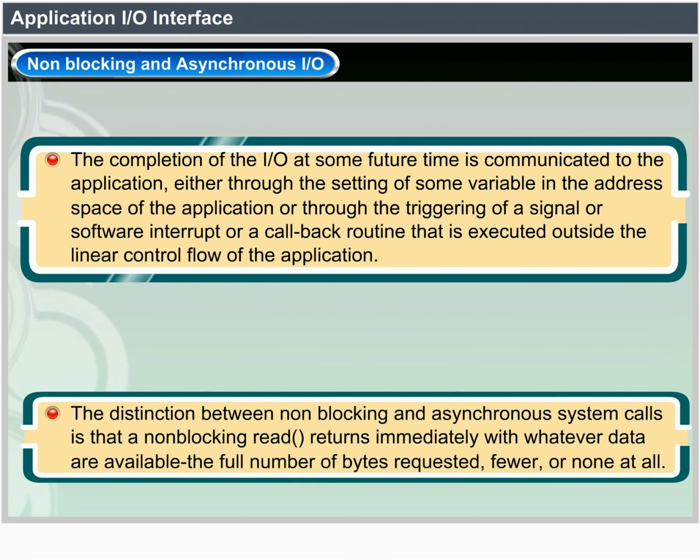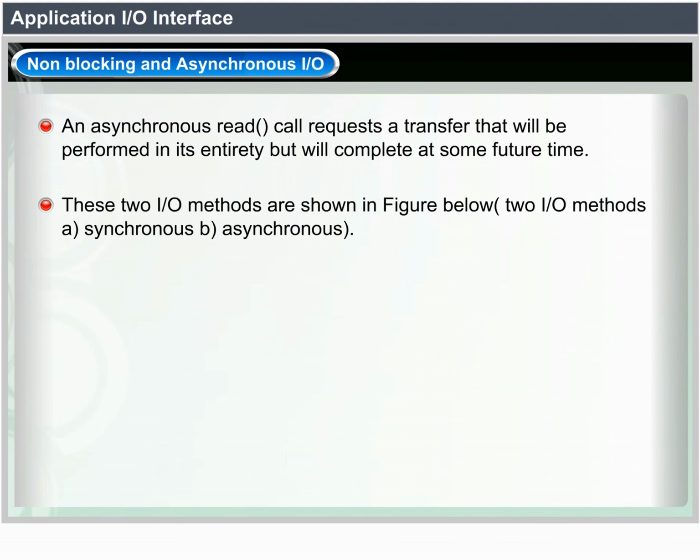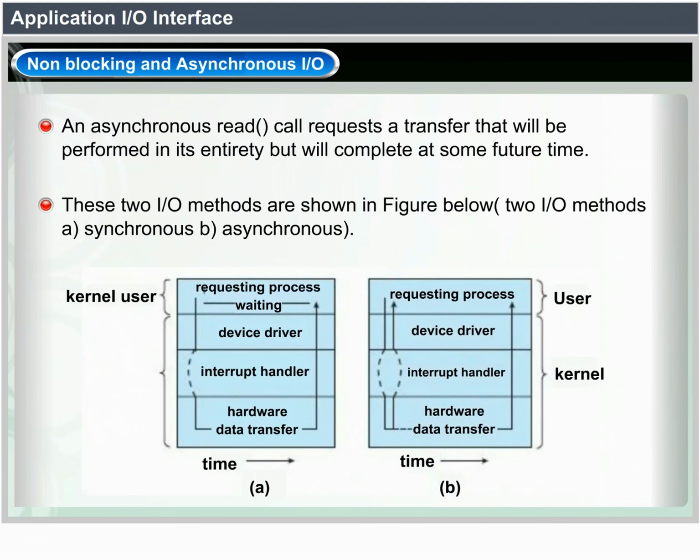The difference between non-blocking and asynchronous system calls is that a non-blocking read function returns immediately with whatever data are available, the full number of bytes requested, fewer, or none at all. An asynchronous read function call requests a transfer that will be performed in its entirety but will complete at some future time. These two input-output methods are shown in figure below. Two input-output methods, A. Synchronous, B. Asynchronous.